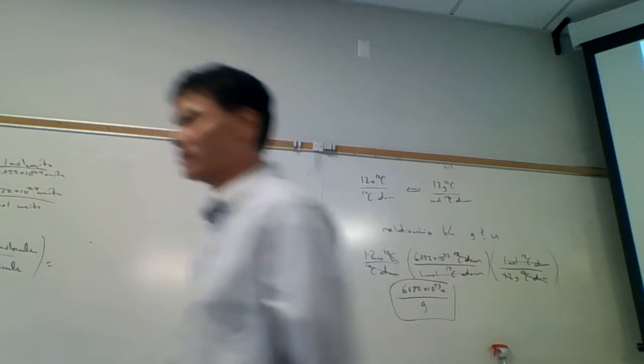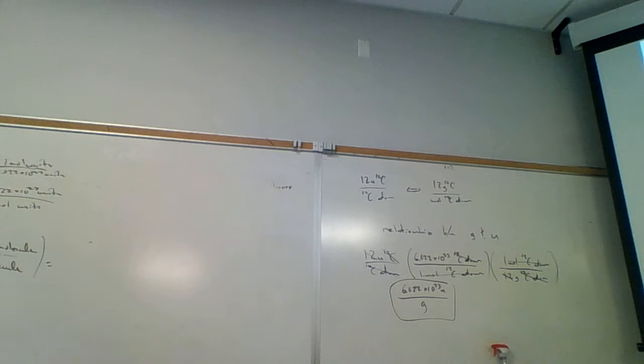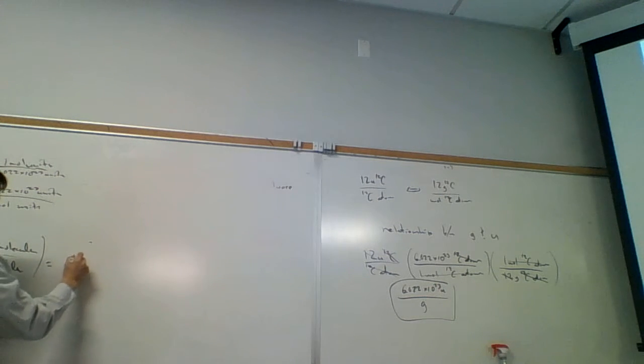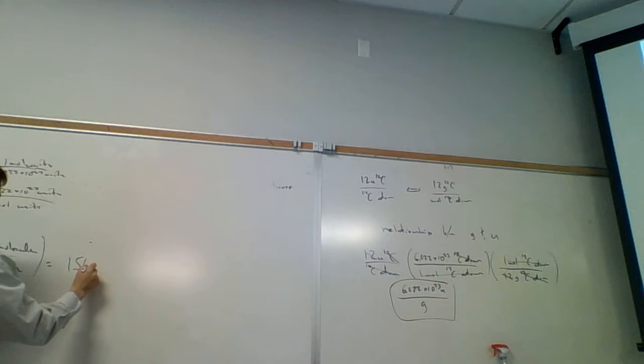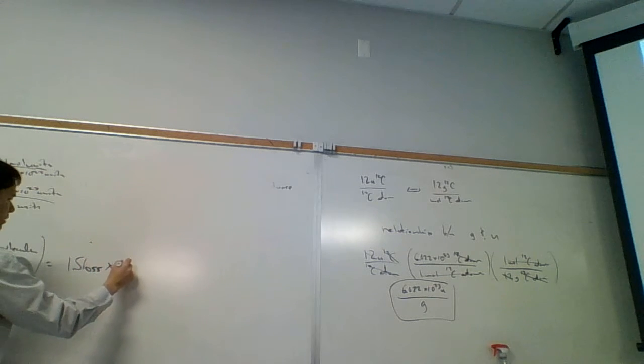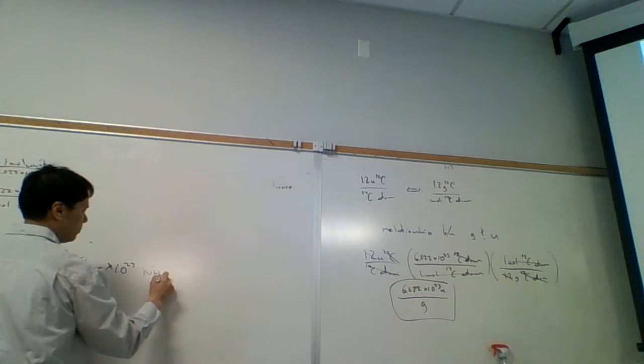So I'm going to calculate this myself. 0.25, and then I have an extra digit on Avogadro's number, times 6.022 times 10 to the 23rd. 1.50. So we're only allowed two figures. 1.5 times 10 to the 23rd ammonia molecules.